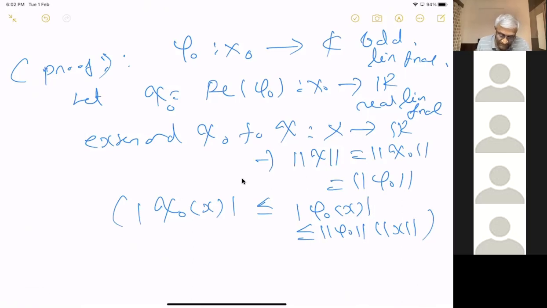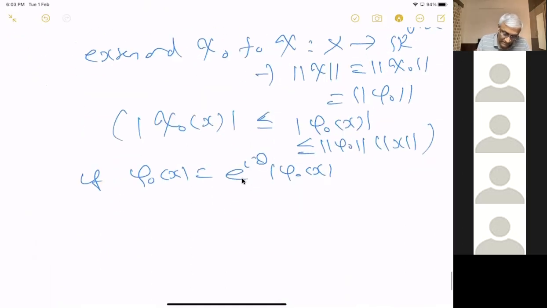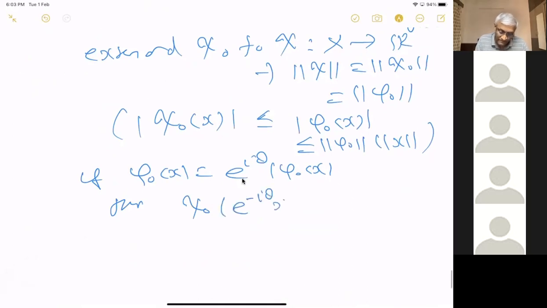On the other hand, e power, which we will be using here: suppose phi naught x equals e power I theta times mod of phi naught x. Then chi naught of e power minus I theta x is equal to phi naught of x itself.